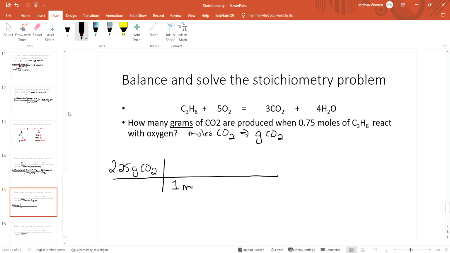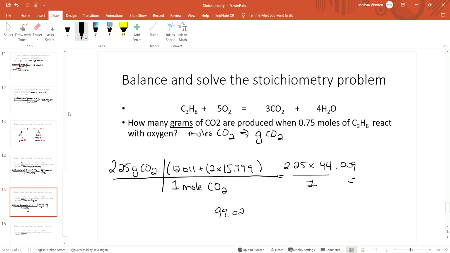And so 1 mole of CO2 is your carbon plus 2 times your oxygens. And we're going to get 99.02 grams of CO2. So here all we did was take our moles from our last problem and convert it to grams. That's all we did here. Okay.